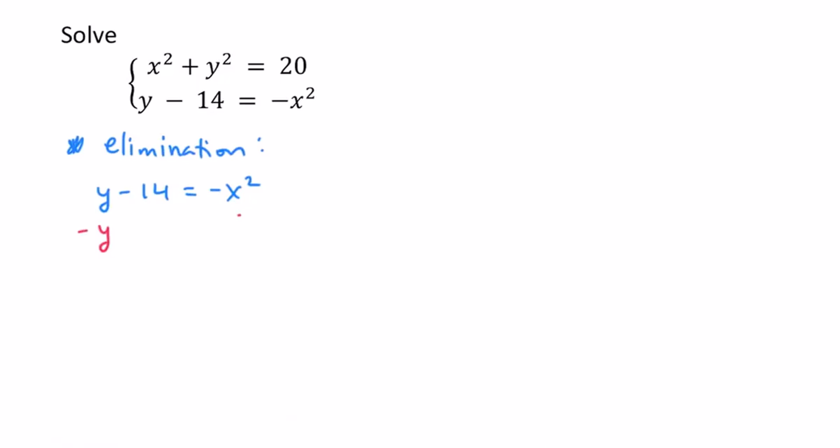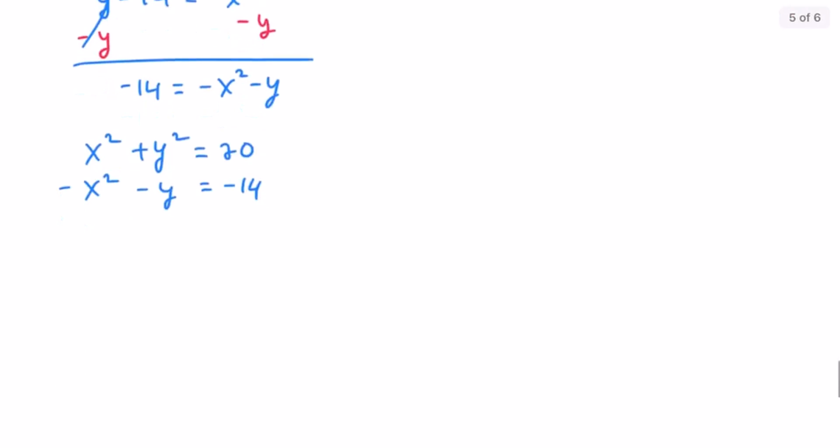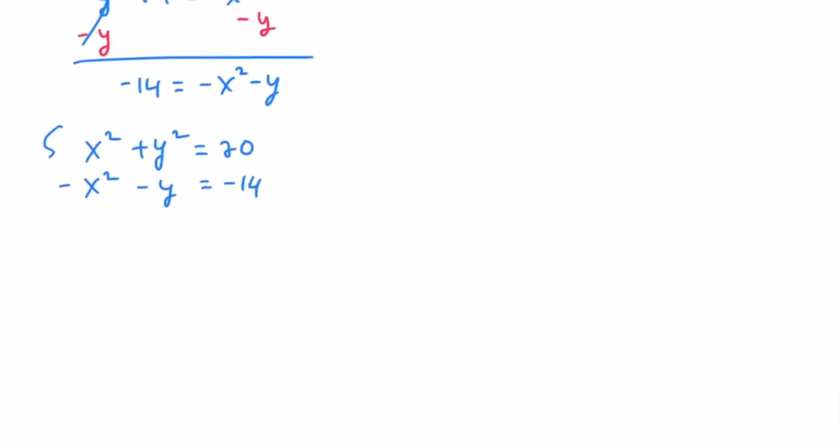So if we minus the y over, we have negative 14 is equal to negative x squared minus y. So here, our problem becomes x squared plus y squared is equal to 20, and we have negative x squared minus y is equal to negative 14. So this is what we have.